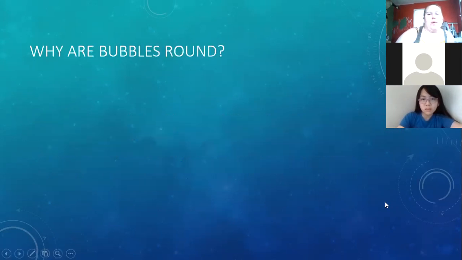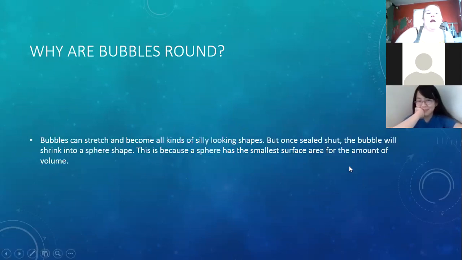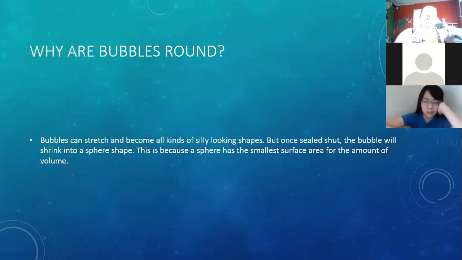Now, why are bubbles round? Do you guys know why bubbles are round? No? Okay, well, bubbles can stretch and become all kinds of silly shapes. So if you've ever seen bubble wands, sometimes they're really big, long ovals, or they can be square, or all these silly and funny different shapes.